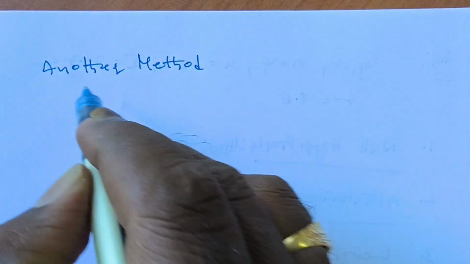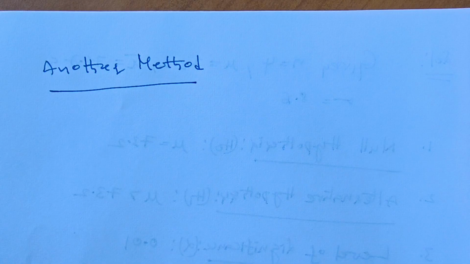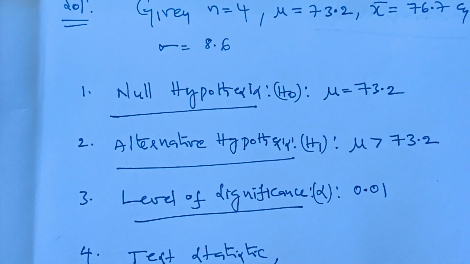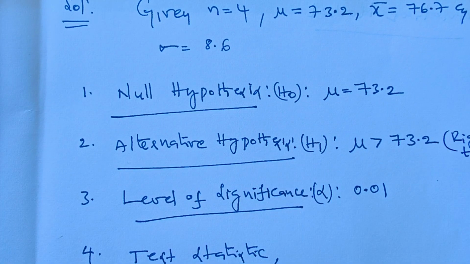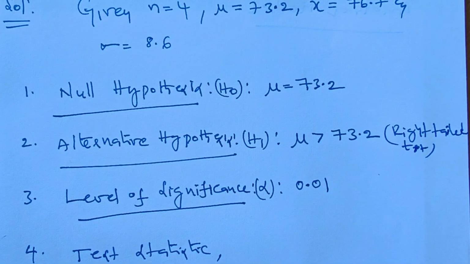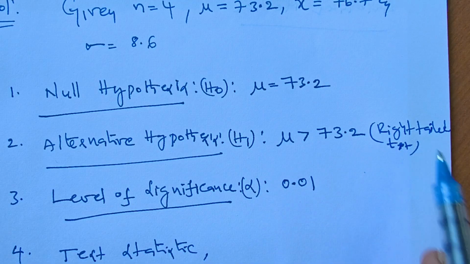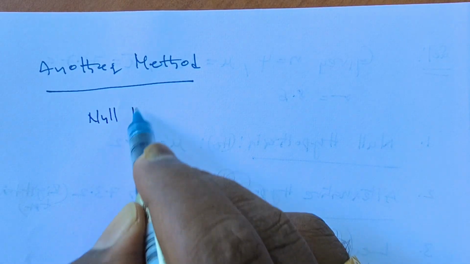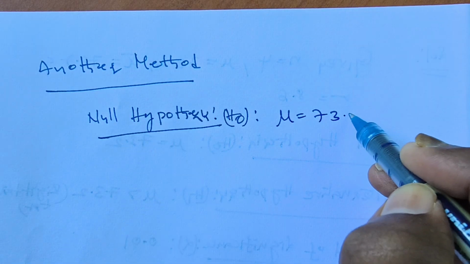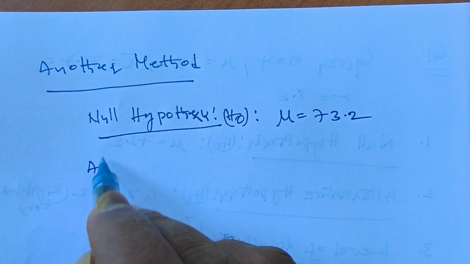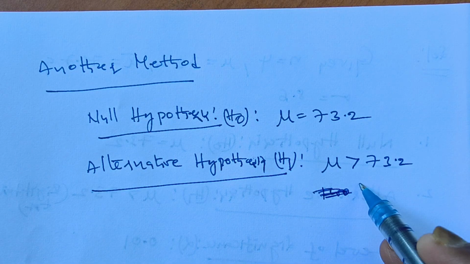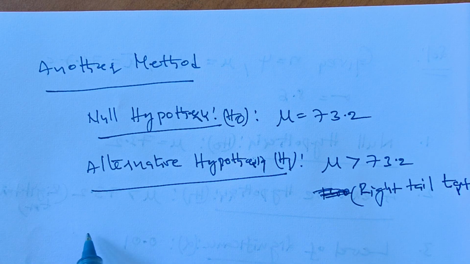Now there is another method to solve the same problem. All steps are the same here. The null hypothesis, alternative hypothesis and given data are the same. The null hypothesis H0 is mu equals 73.2. The alternative hypothesis is mu greater than 73.2.